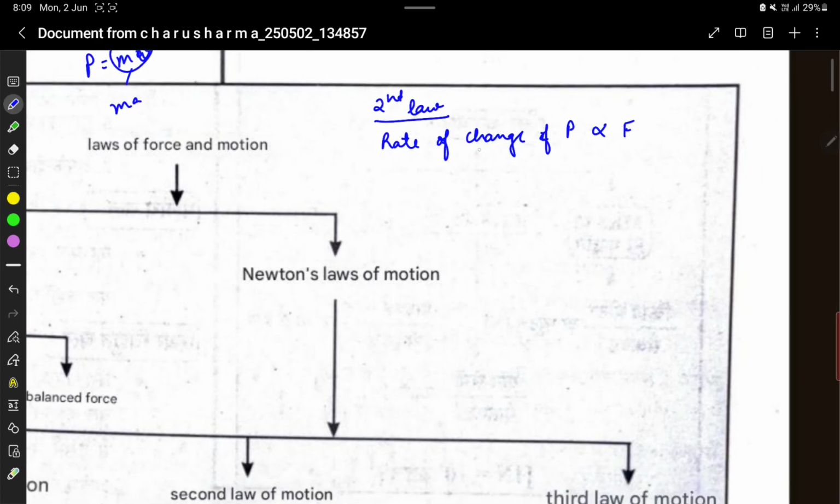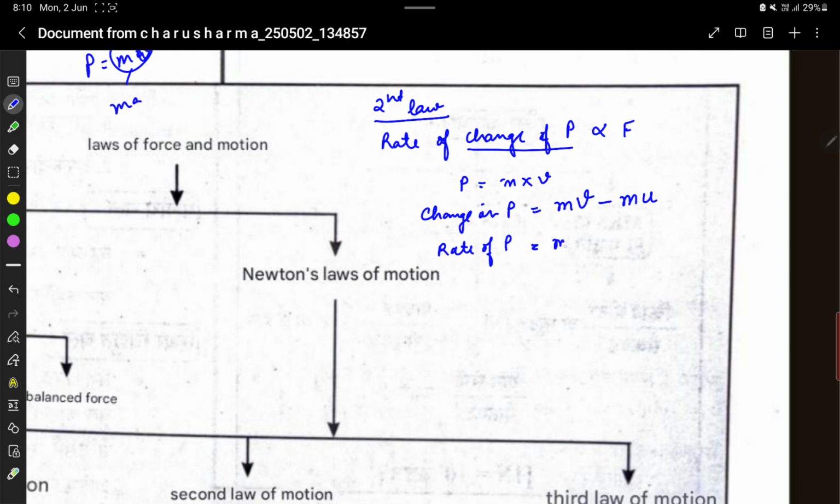Firstly, we will write the momentum formula, that is mass into velocity. Then we are going to change it. So the next step is change in momentum, that is mass times final velocity minus mass times initial velocity. Now what is the rate of change of momentum? You have to divide it with the time.